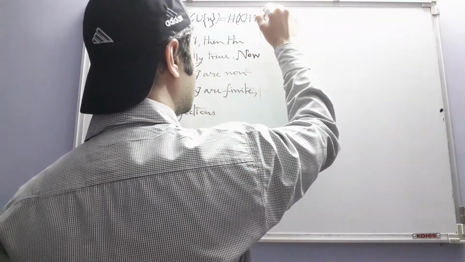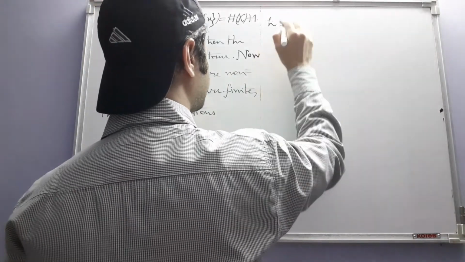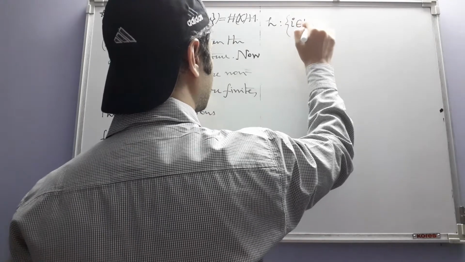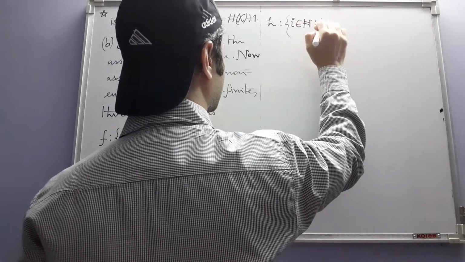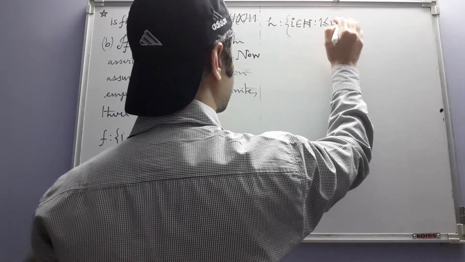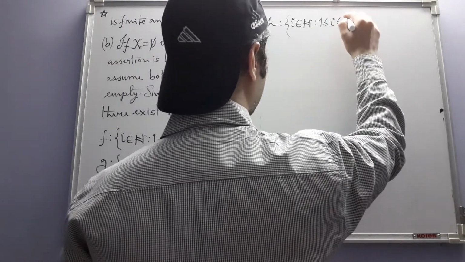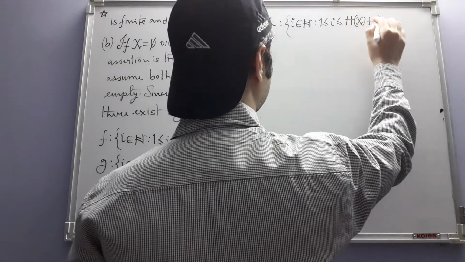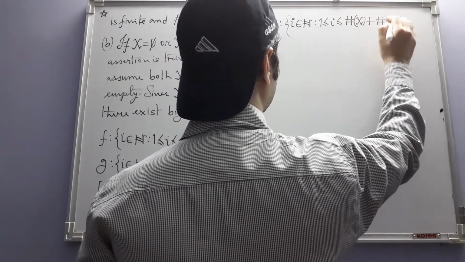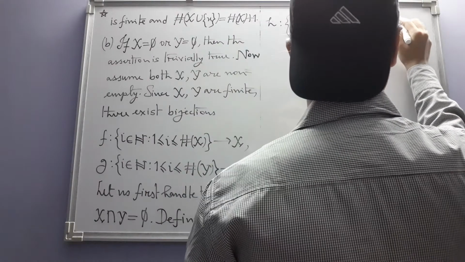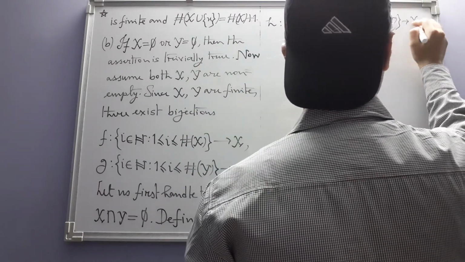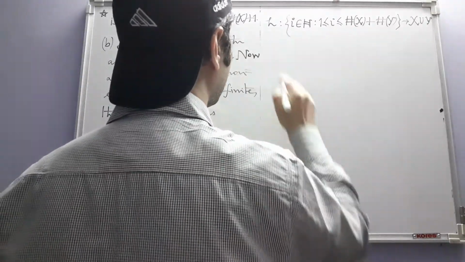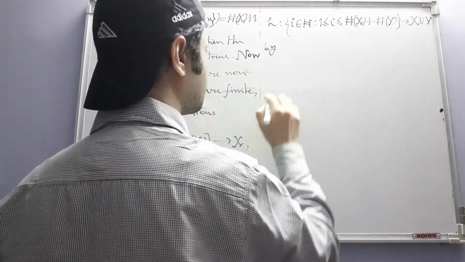Define h from the set of all natural numbers lying between 1 and cardinality of x plus cardinality of y into x union y by this formula.